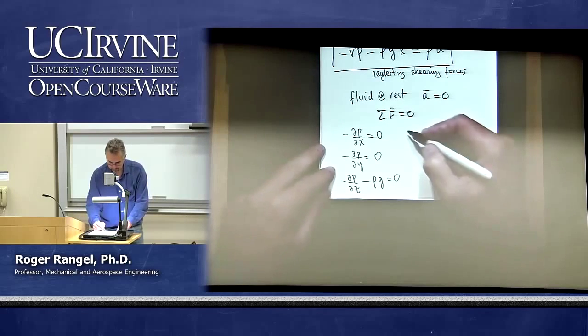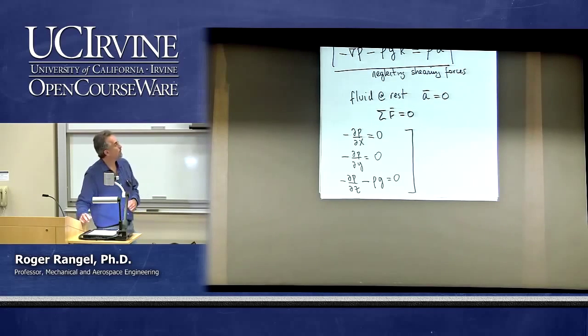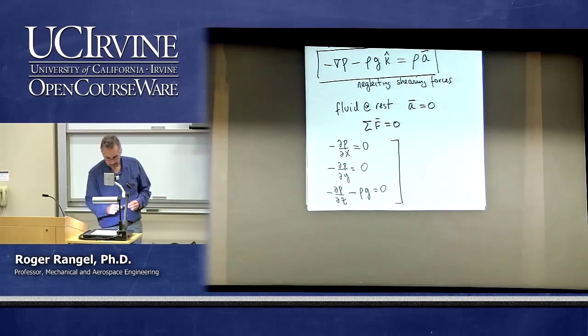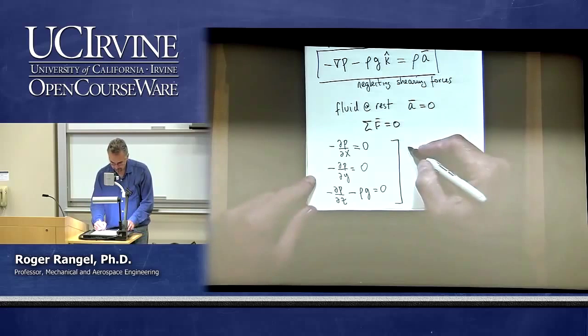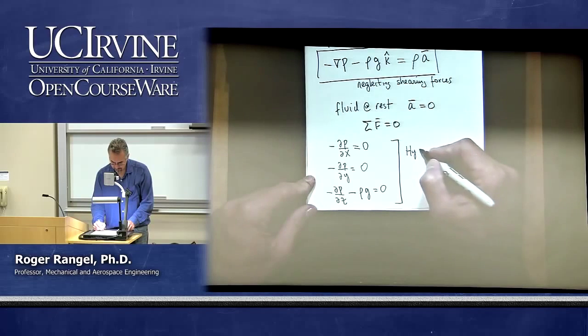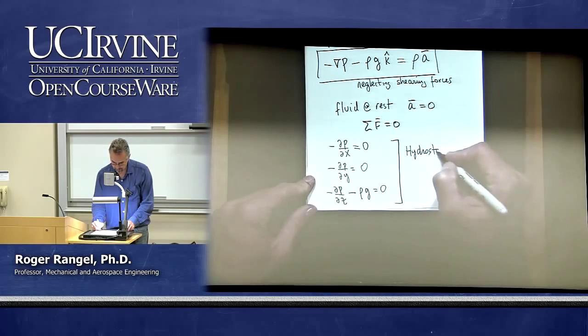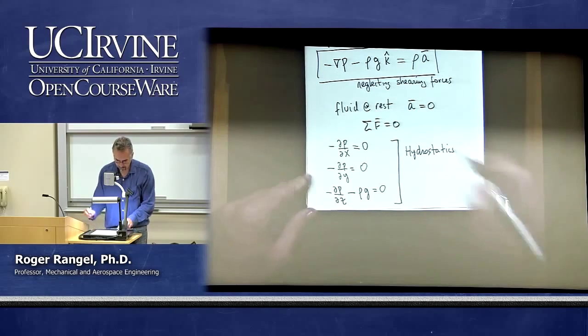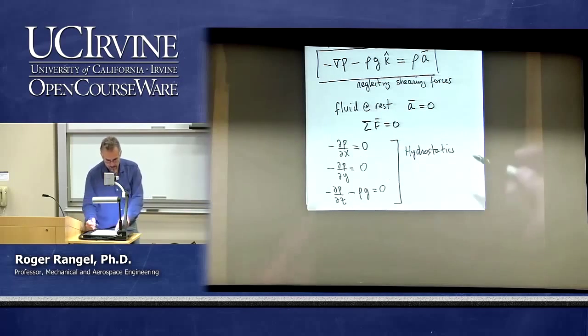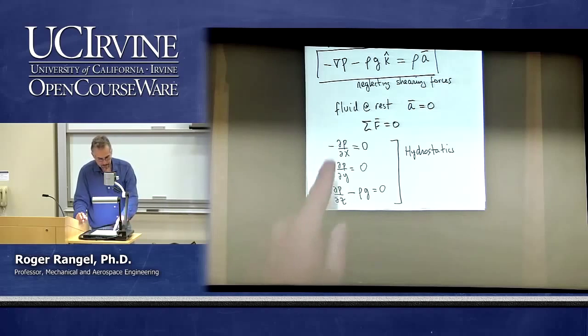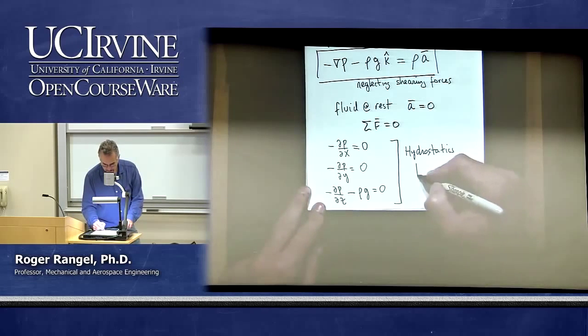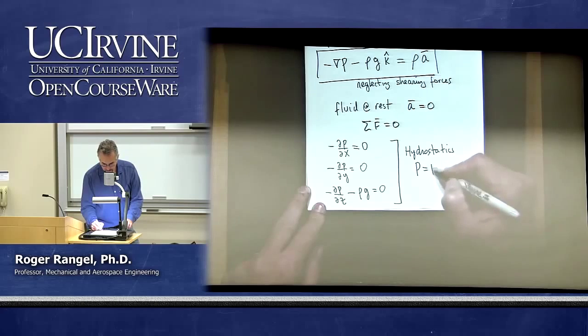And these are the equations that determine the pressure field under the situation that we have, which is hydrostatics. It tells us that the pressure doesn't change with x and doesn't change with y. The pressure only changes with z.